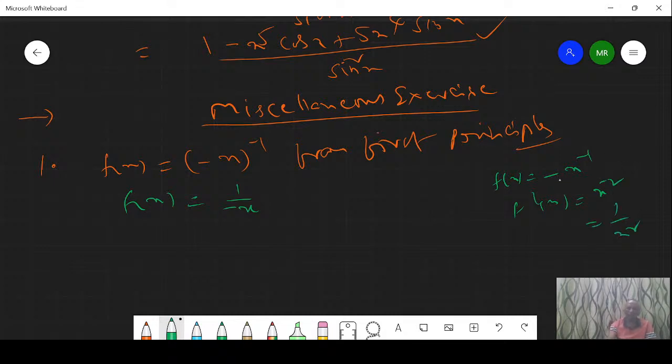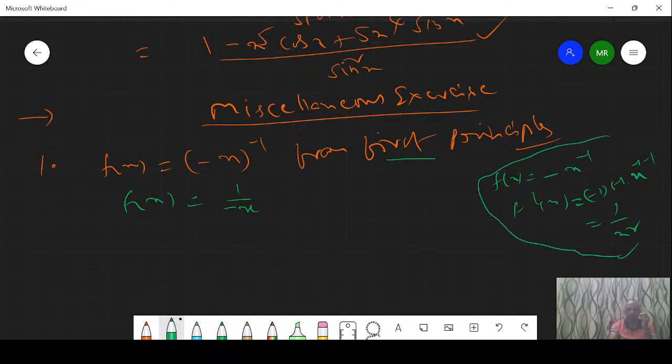You know the formula, x power n gives n into x power n minus 1. If you apply that, it will come minus 1 into minus 1, x power minus 1 minus 1, it will become 1 by x square. Check that. This we have done using that formula.